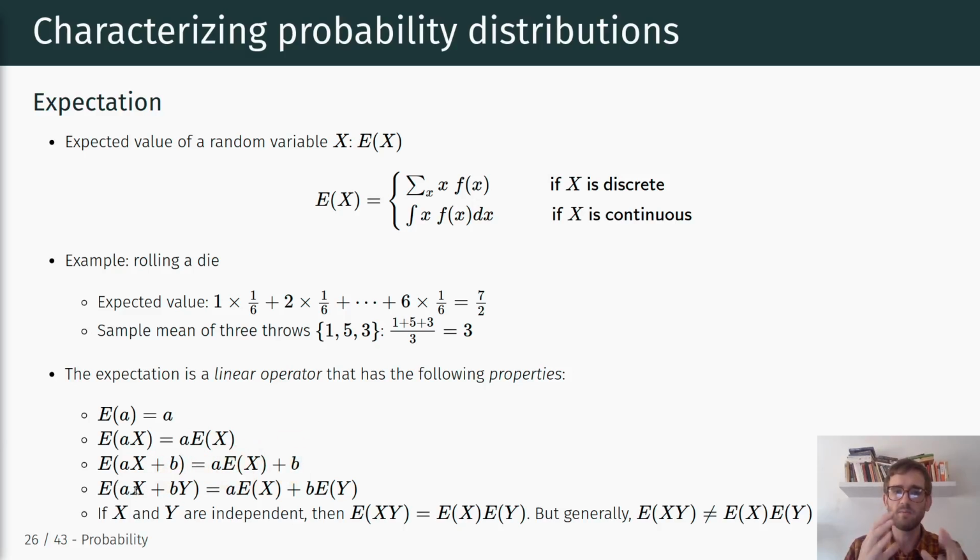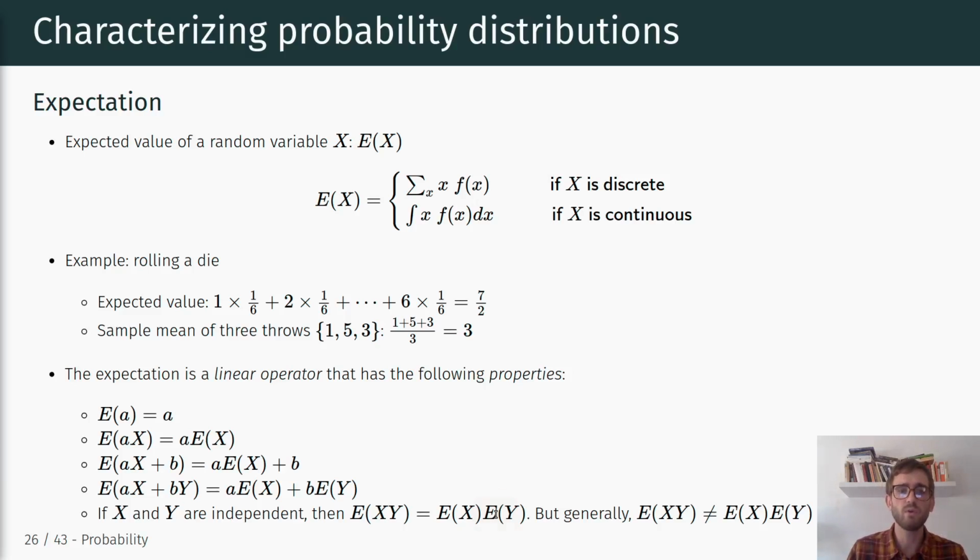If we have the sum of two random variables, x and y, that are each multiplied by a constant, we can basically pull the expectations apart, expectation of x and expectation of y, and we can multiply each of these by a constant. And then in addition, if x and y are independent, then the expectation of the product of x and y is equal to the product of the expectations, right?